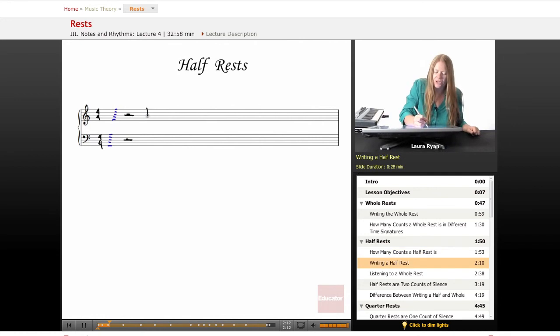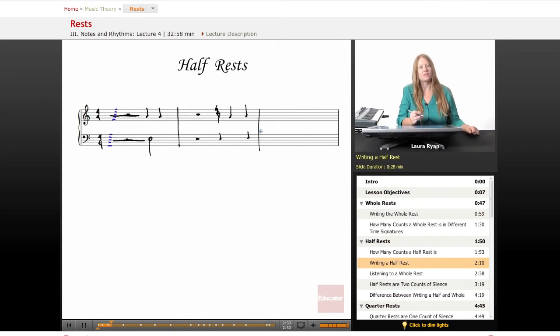So in 4/4, you'll have that rest plus 2 beats. So here's a half rest. Quarter note, quarter note, quarter note, quarter note. 2 counts of silence. So let's play a little bit.